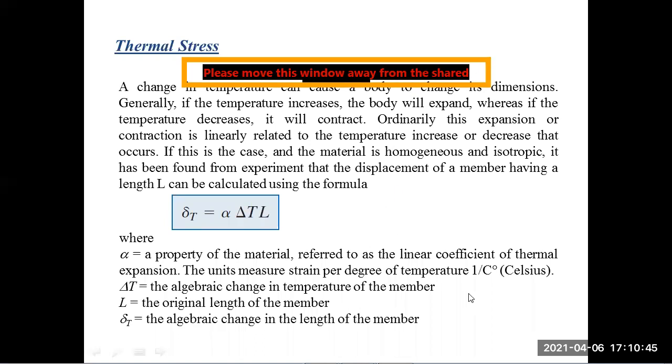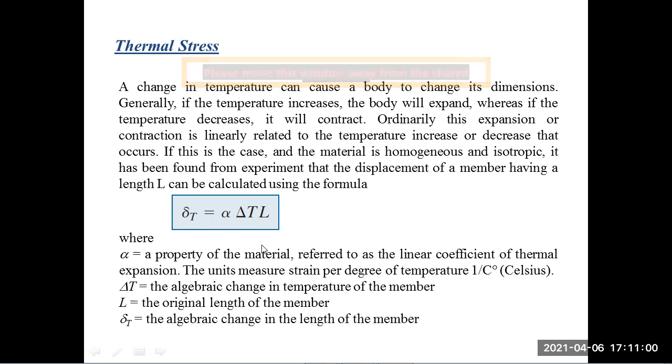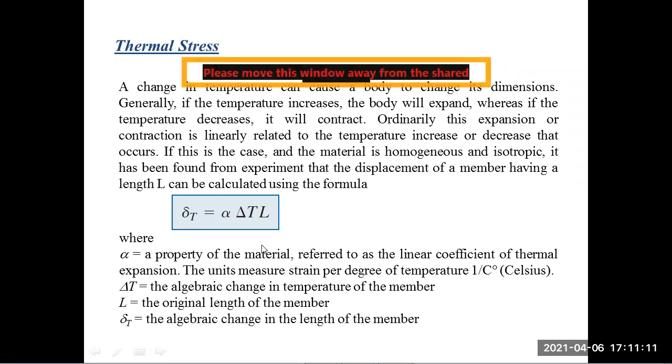Due to change in temperature, any structural member made of whatever material, if you raise its temperature, it would experience a kind of expansion. So that's what we call a thermal expansion. The expansion that is caused due to change in temperature, okay?